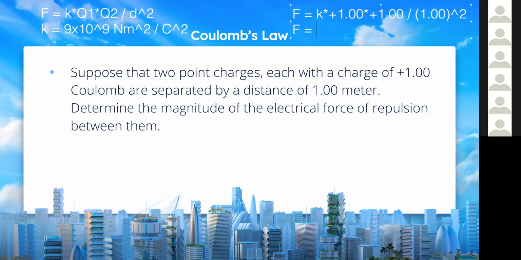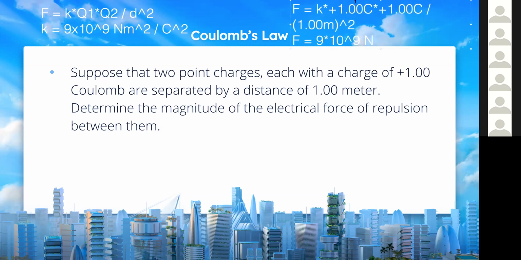And so we see that this is going to be equal to K, because that's all just multiplied by 1. And we know that K is 9 times 10 to the 9th. And this up here is, oh, somebody didn't tell me about units. 1 Coulomb, 1 Coulomb, 1 meter squared. And those coulombs cancel out.